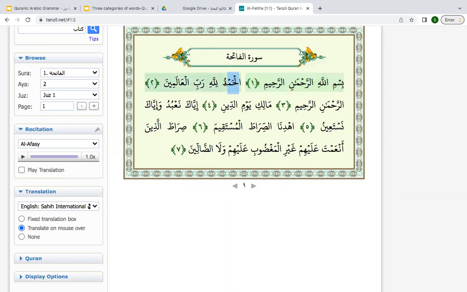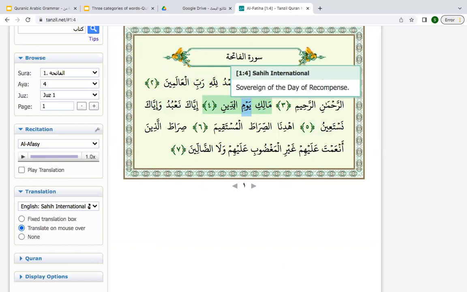Alhamdu. Rabbi. Al-Alameen. Malik. Yom. Ad-Din.